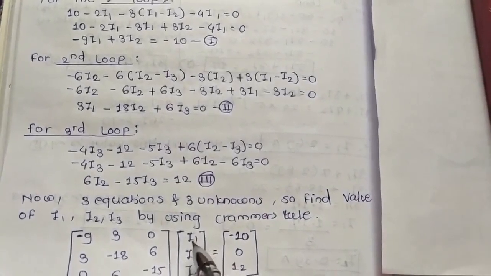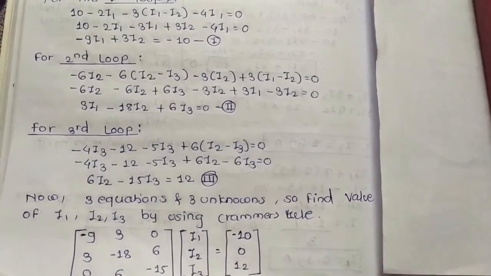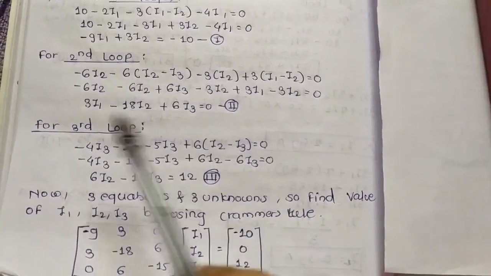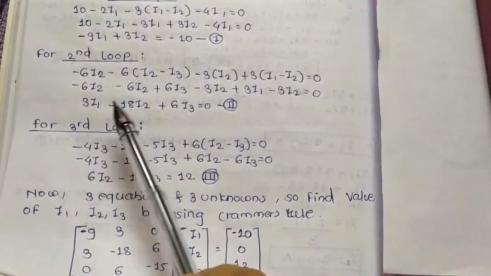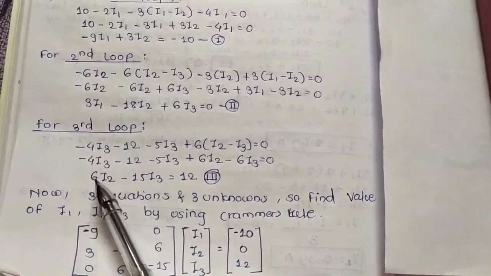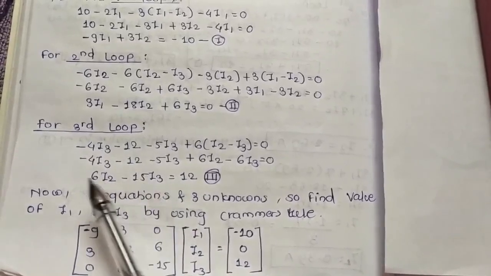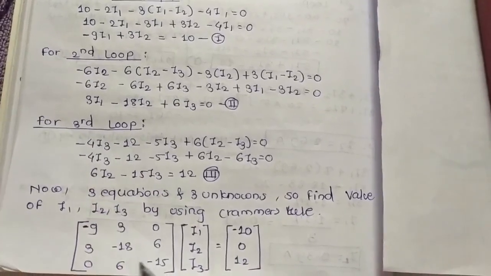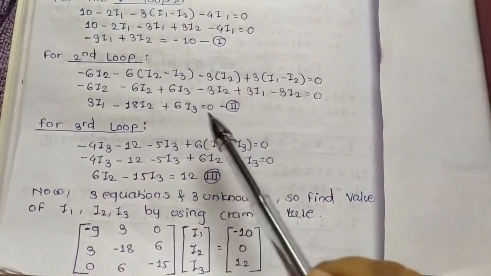We have to find the value for I1, which is asked in the question, and then again 3, minus 18, 6. Here I2 and I3's coefficients. I1 coefficient is absent, take the 0, and take these values minus 10, 0, 12.